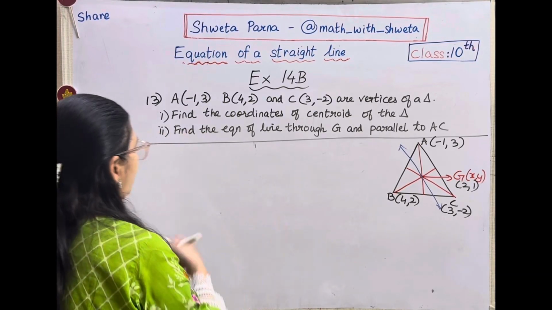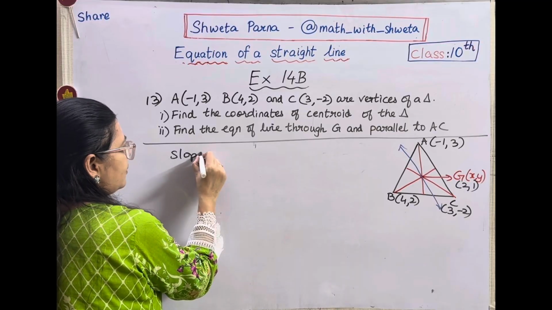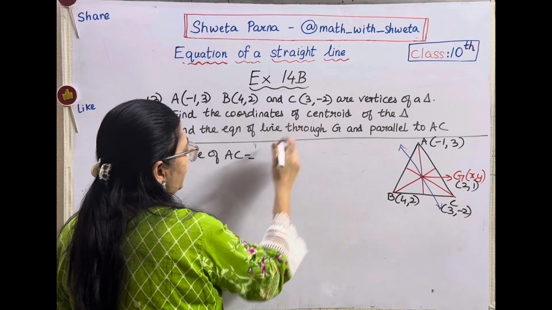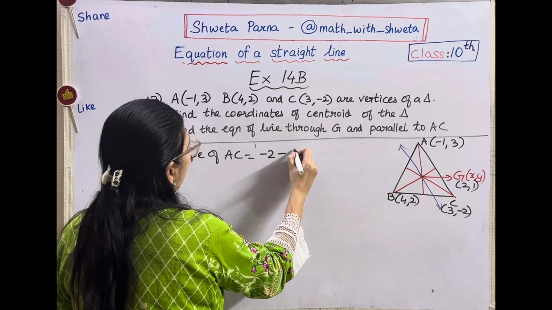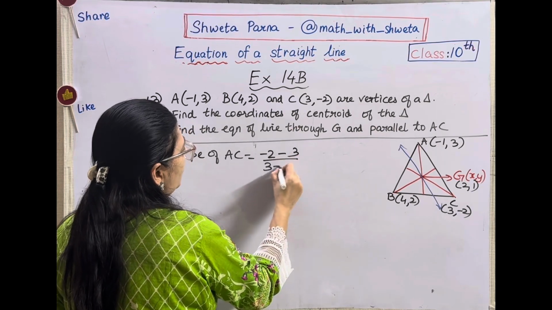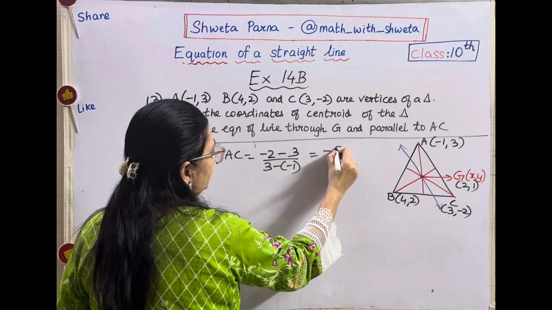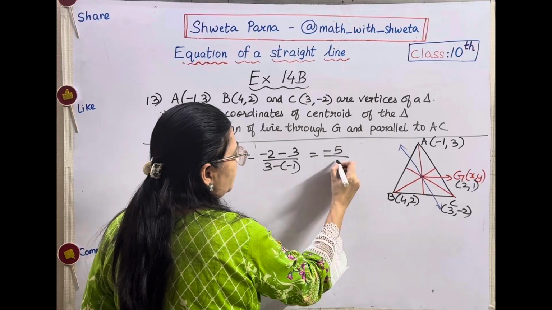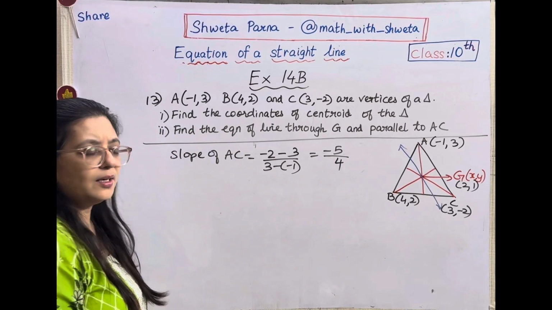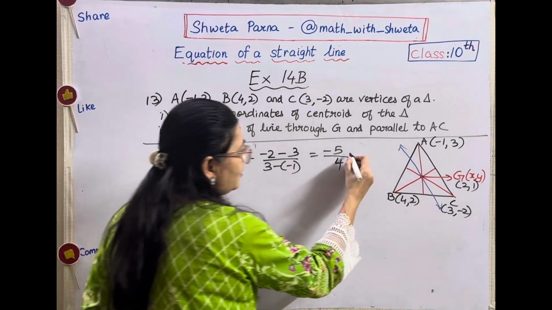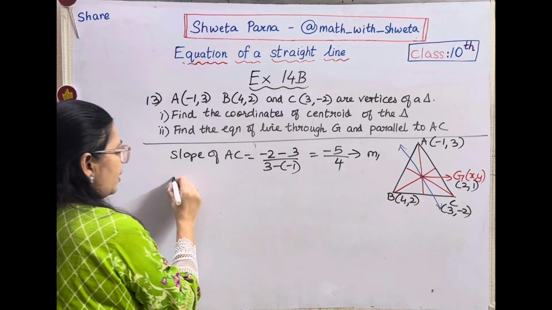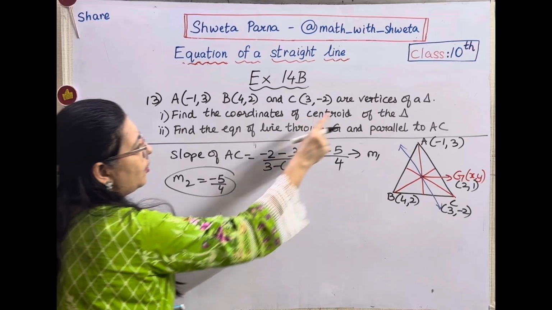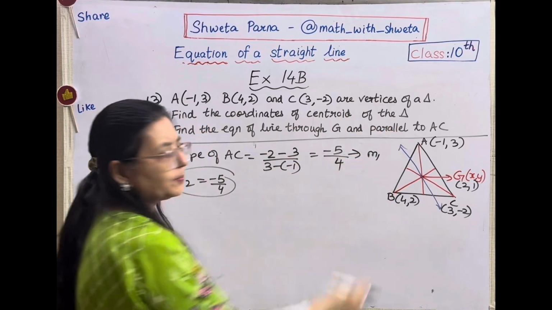So first you will find the slope of AC, since the slopes would be equal. So for AC slope, you can take y2 minus y1 upon x2 minus x1: minus 5 upon 3 minus into minus is plus, so 3 plus 1, 4. This is the slope of AC, so this is M1. So M2 will also be minus 5 upon 4. Why? Because they are parallel.